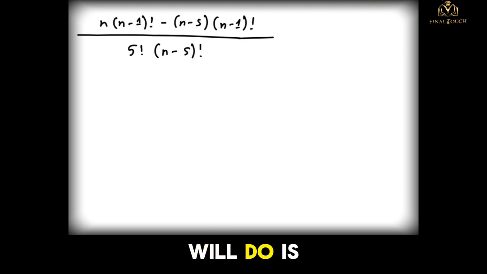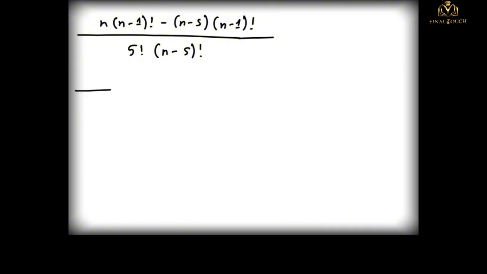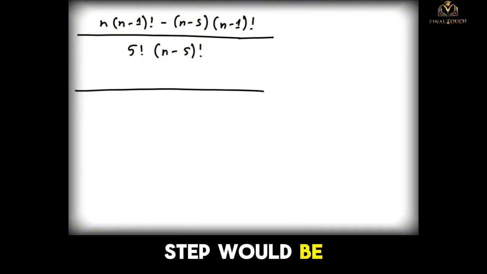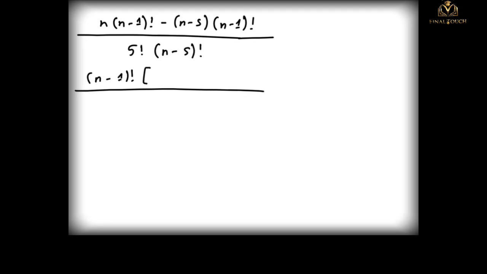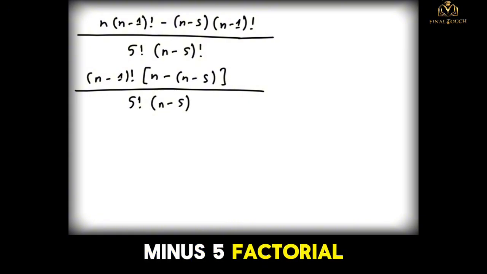Now what we will do is we'll just try to factor out n minus 1 factorial from the numerator. So the next step would be n minus 1 factorial, n minus n minus 5, divided by 5 factorial n minus 5 factorial.